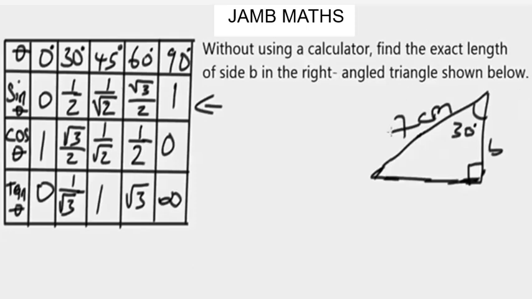The first thing we have to do, since it's a right angle triangle, is label the parts. The longest side is usually our hypotenuse. This is our opposite, and this is our adjacent A. Remember we're going to make use of SOHCAHTOA.